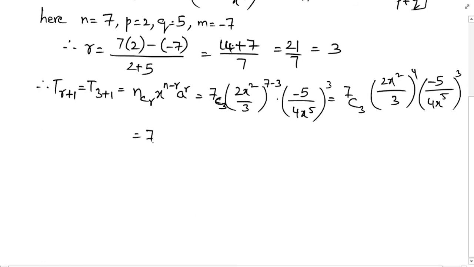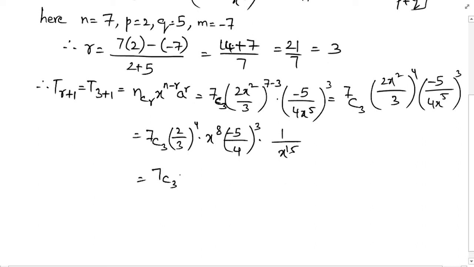So this is again equal to 7C3 into (2 by 3) whole power 4 into x power 8, (minus 5 by 4) whole cube into 1 by x power 15, okay, which is again equal to 7C3, (2 by 3) whole power 4 into (minus 5 by 4) whole cube into x power minus 7, okay.